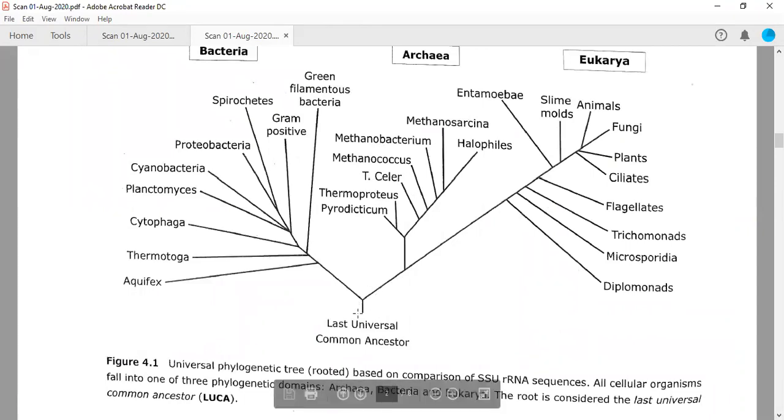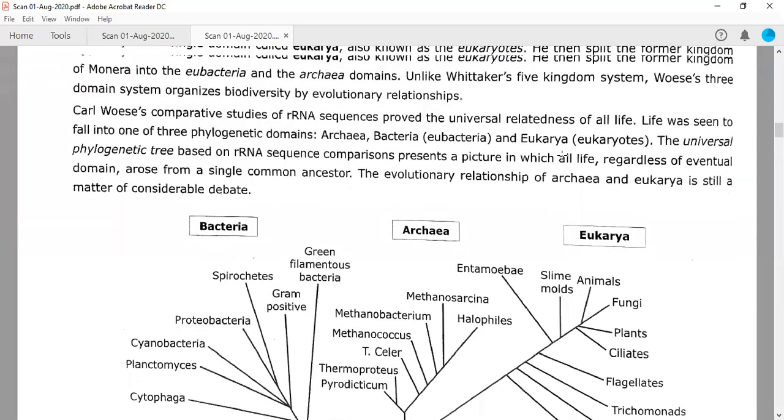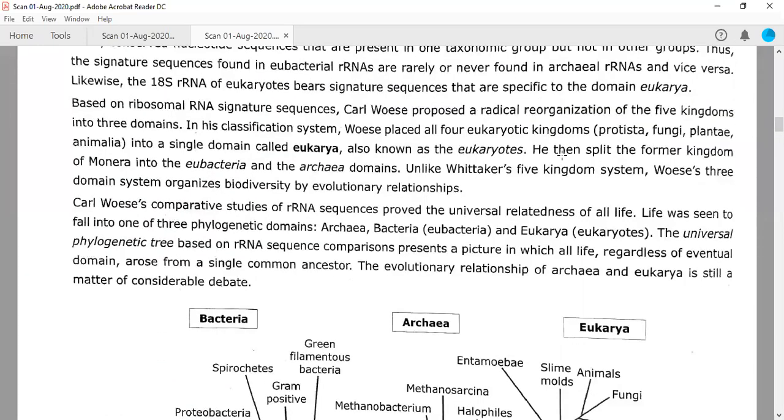For example, they have a common ancestor, then the bacteria have evolved, then the archaea further differentiated, and Eukarya is giving rise to this particular branch. Okay.